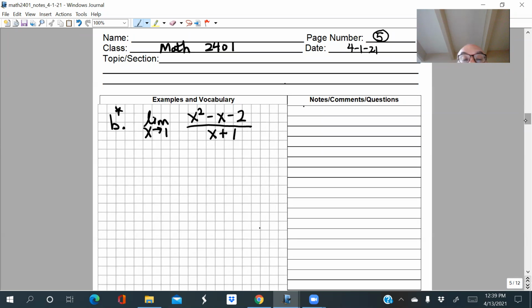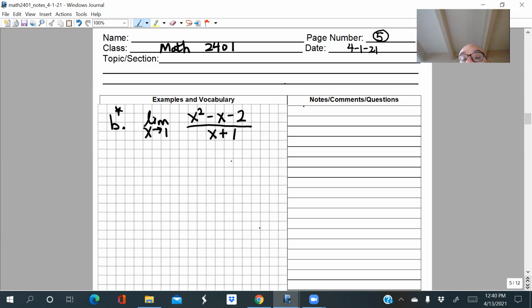But instead we can compute the limit here pretty rapidly, because this is a rational function. This is what's called a rational function because it's the quotient of two polynomial functions. The top is a quadratic function, and the bottom, x plus 1, is obviously just a linear function.